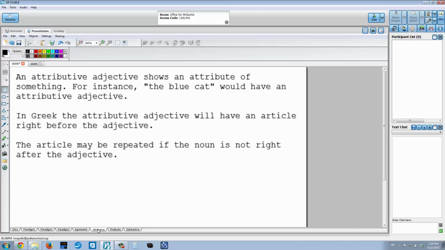We put the article right before the adjective agathos. Now the article may also be repeated if the noun is not right after the adjective. So you could say the good, the man, ho agathos, ho anthropos, and it still means the good man.